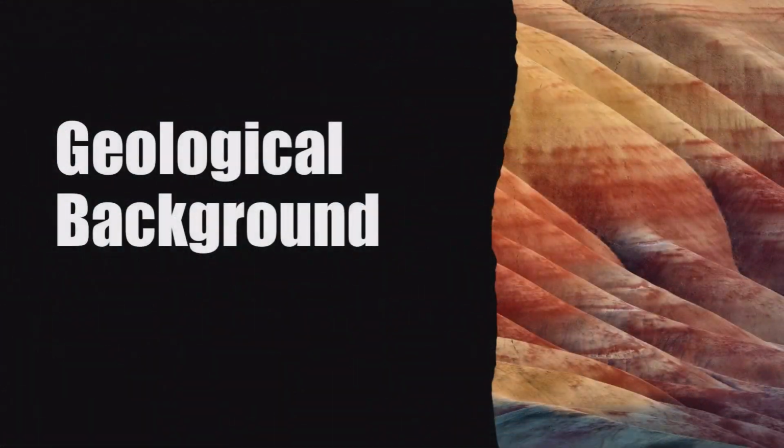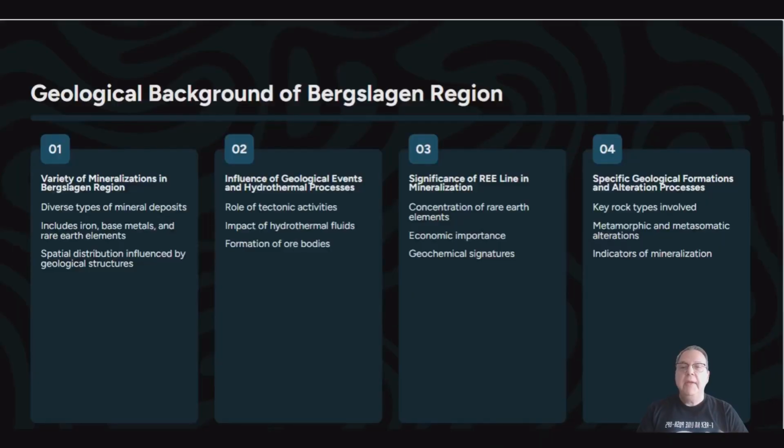So, the geological background: we have a variety of mineralization in the area. There are a lot of hydrothermal processes that influence the mineralization, specifically the rare earth elements, and these generate a lot of alteration processes, which is one of the techniques the authors used in order to explain the mineralization.